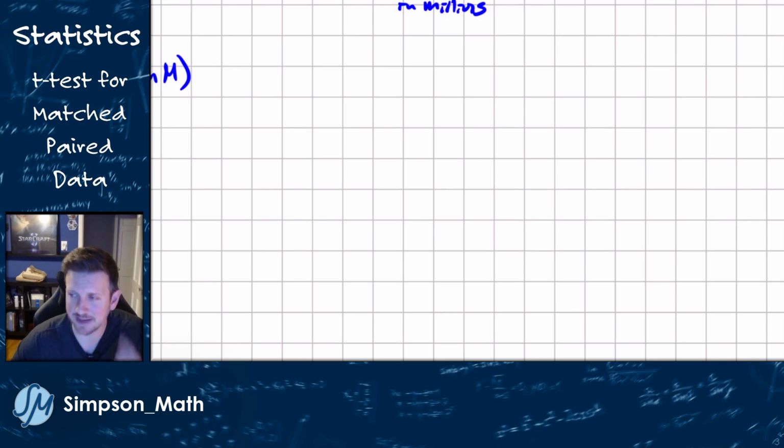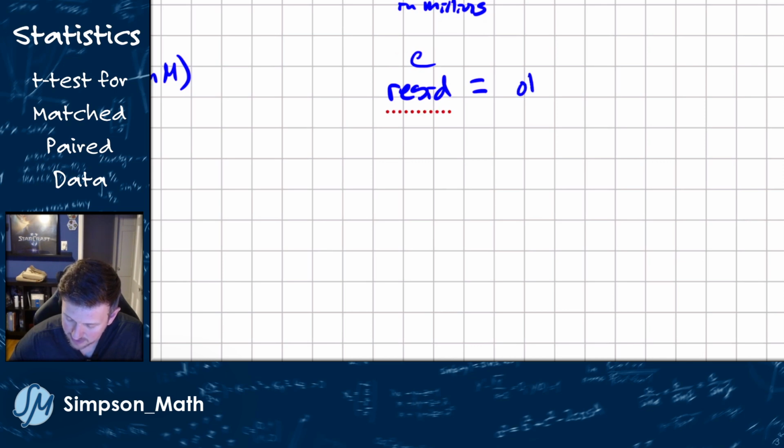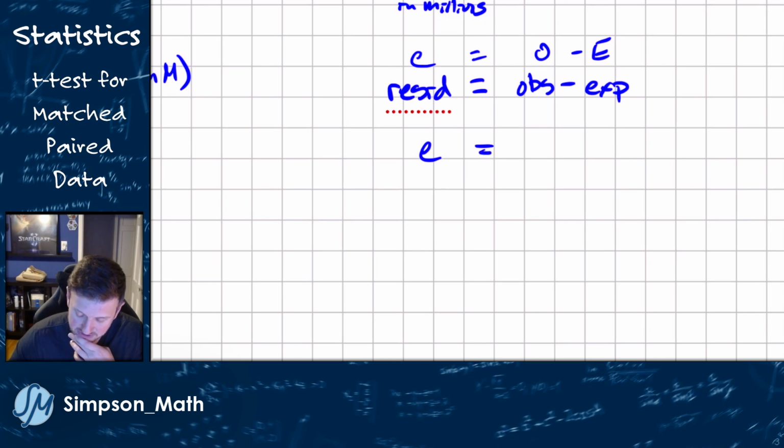But I have a master's in mathematics. Every time I want to think about residual, I'm going to say resid or E equals observed minus expected. This is the same thing that the deviations are, or O minus E. So then for my residual, what is my observed in this case?